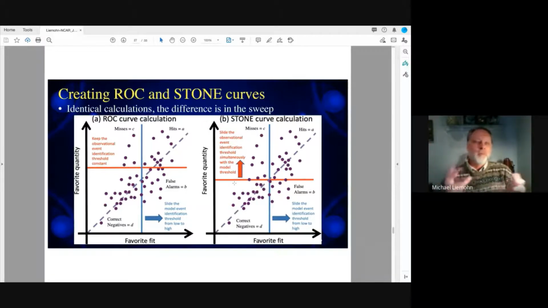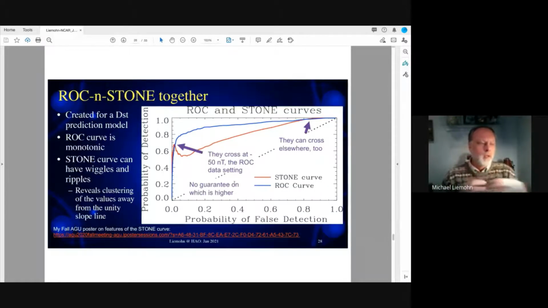And so what that means is that you can actually end up with non-monotonicities in a STONE curve. So here's a comparison that I had in a paper last year that shows a ROC curve as well as a STONE curve for the same data set. It was done for CCMC runs of the SWMF getting DST, compared against real-time DST.